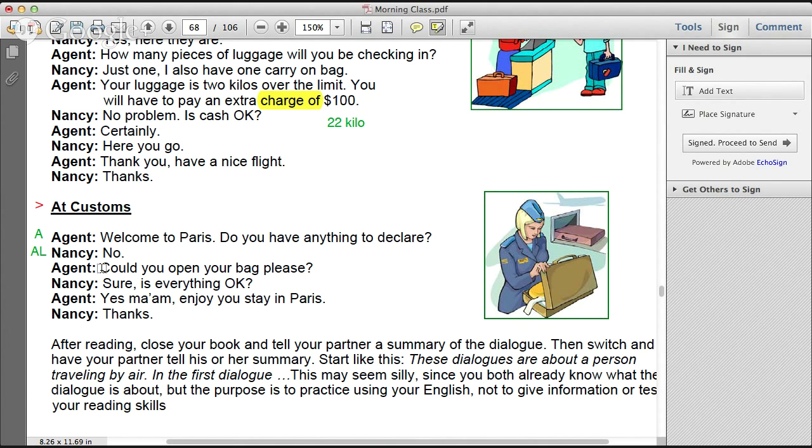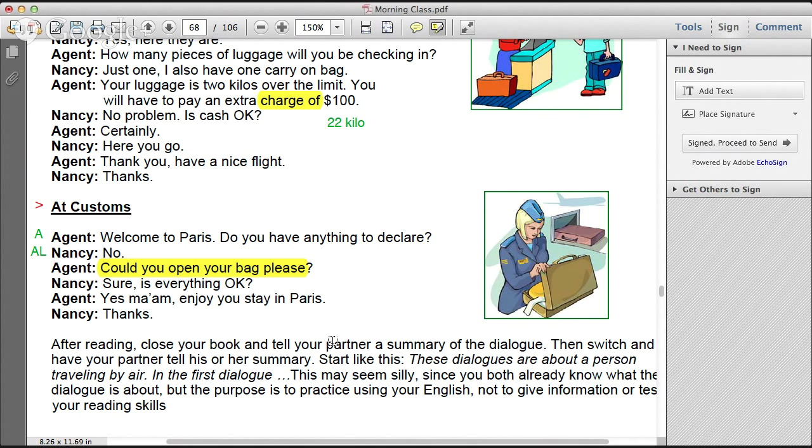Now remember, when you go through, if you are stopped by customs, they cannot open your bag. It is you that has to do it when they're in front of you. So you open your bag in front of them, right? At least that's what the rules were last time that I was flying. Very good. Nice job, you guys.